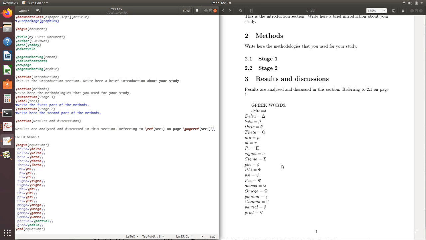So how to write Greek letters is dealt with here. Just compare and try to remember, and if your equation consists of this type of Greek letters, then you can comfortably use these commands.